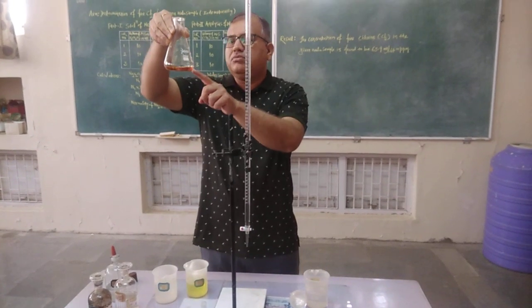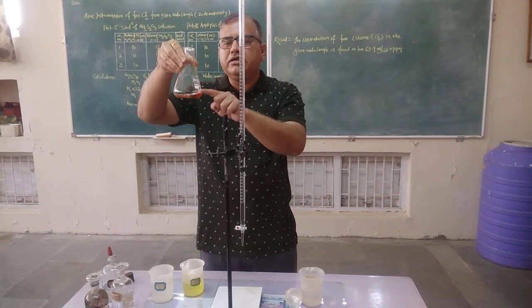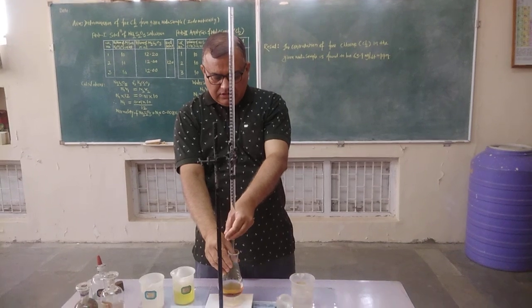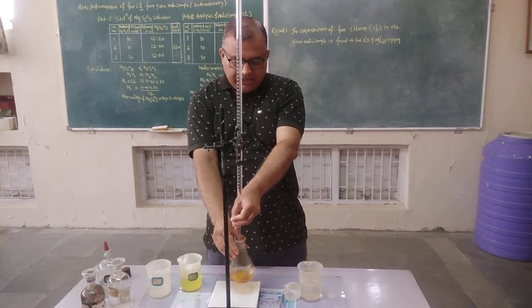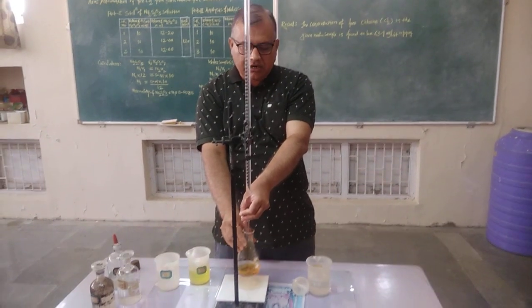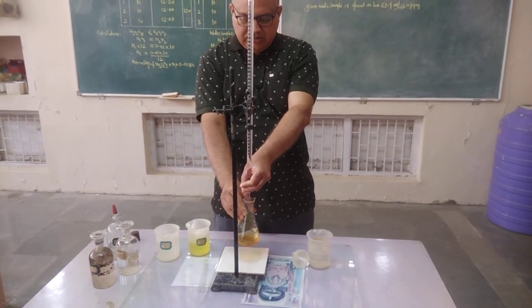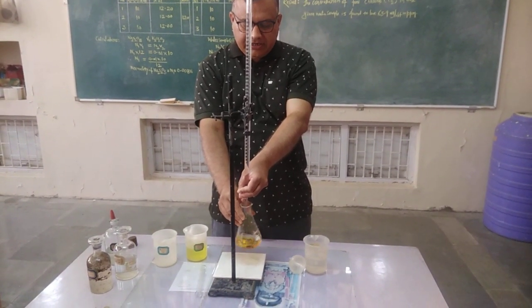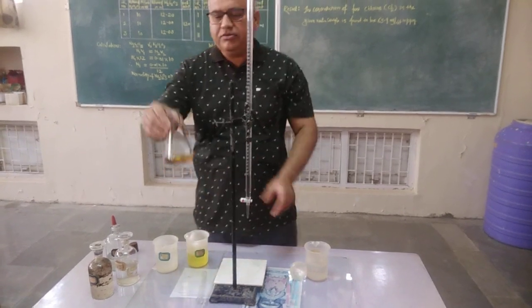See, the original color was dark brown. Now we have added Na2S2O3 to this solution, and therefore the iodine gets consumed and the color becomes faint. So just titrate till you get faint yellow color.